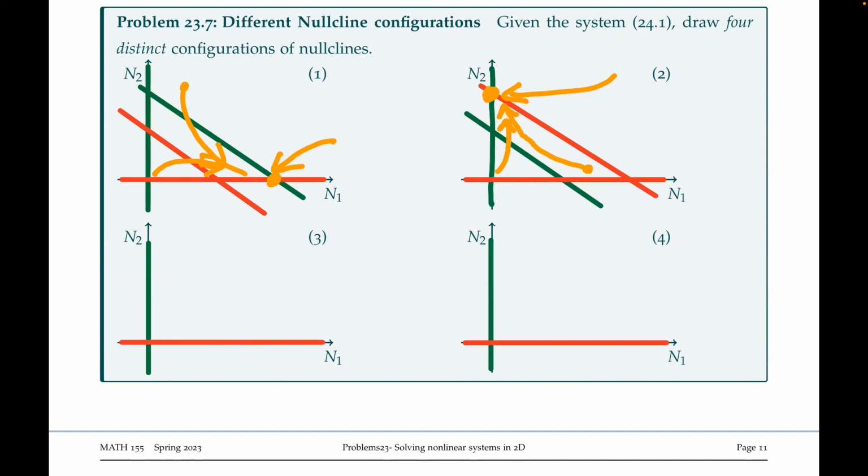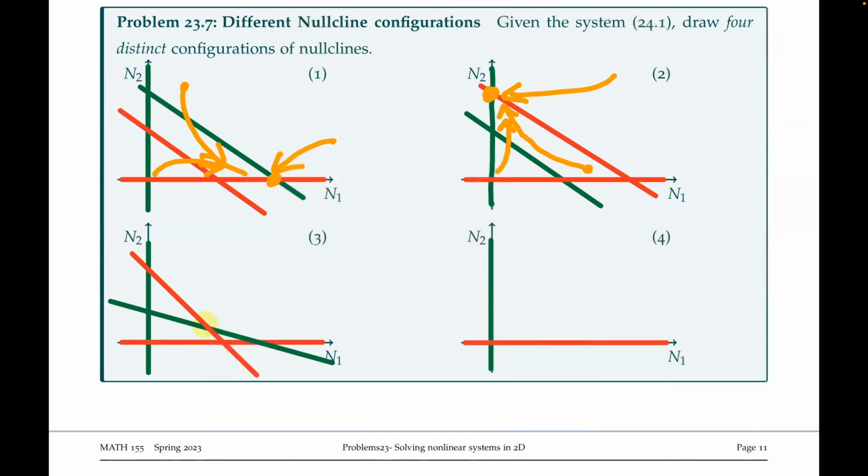In fact, I'm going to draw them a bit more extreme. Okay, so now they intersect in the positive quadrant, which means that we have 4 biologically realistic equilibria. So we didn't have this before in the 2 diagrams above, because those diagonal lines didn't intersect in the positive quadrant. Now they intersect here, which means that there is a coexistence equilibrium.